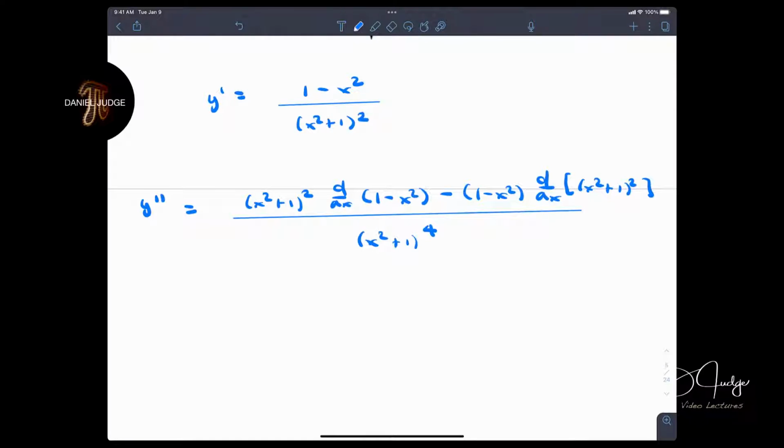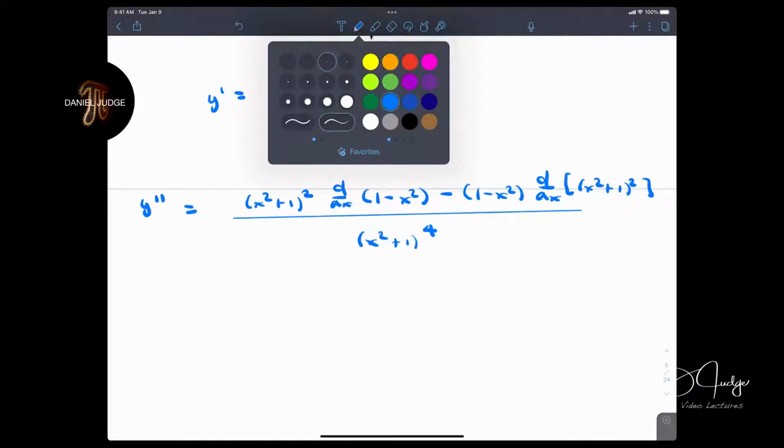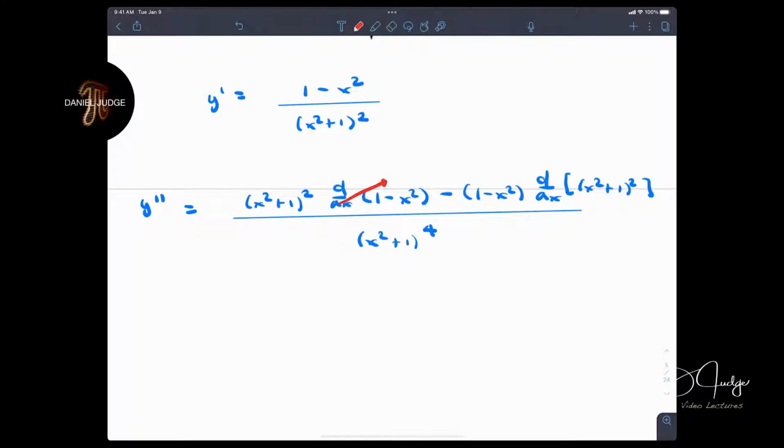Okay, so we want to double check to make sure everything's okay. This derivative is minus 2x. We're going to have to use chain rule here. 2 times x squared plus 1 times the derivative of x squared plus 1, which is 2x. This is chain rule, so there's going to be some algebra here.